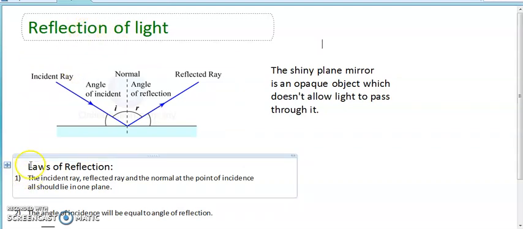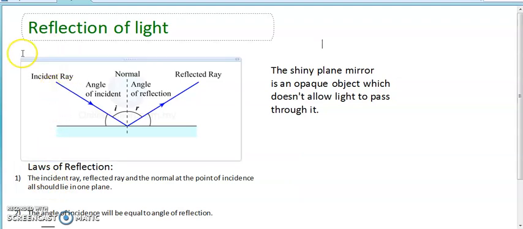Then, what are the laws of reflection? There are two laws of reflection. The first one is that the incident ray, the reflected ray, and the normal at the point of incidence all should lie in one plane. What is meant by plane? It is the frame that you are taking.